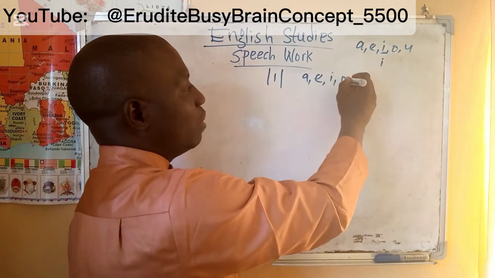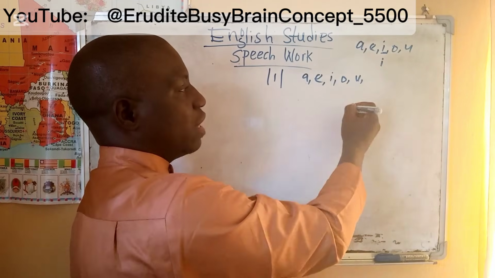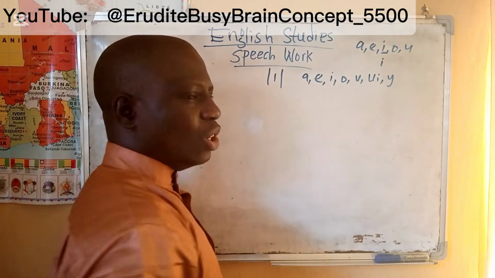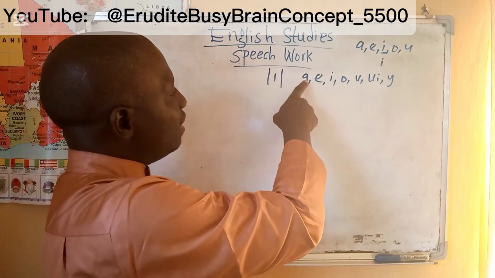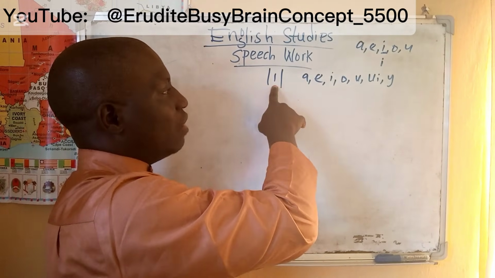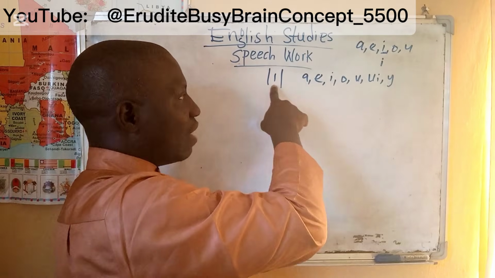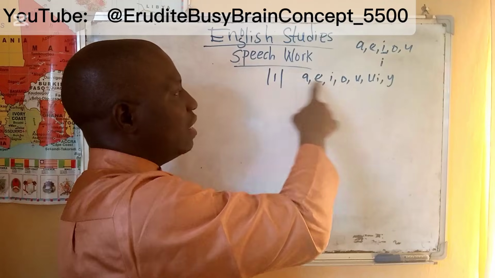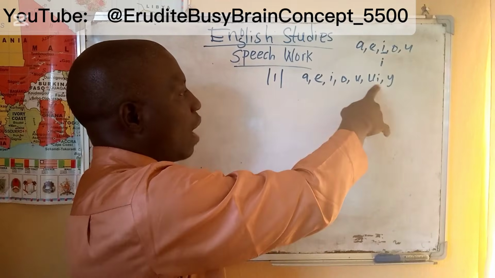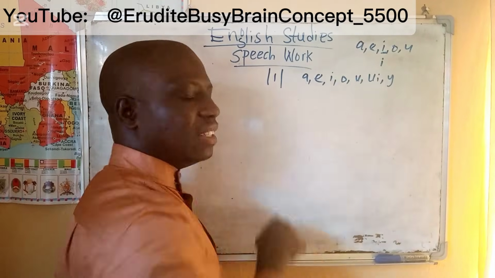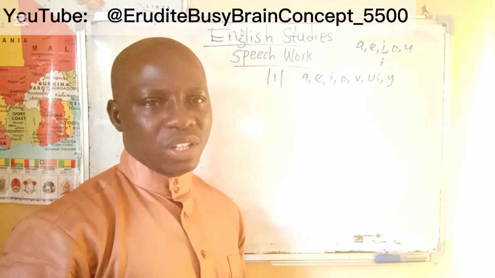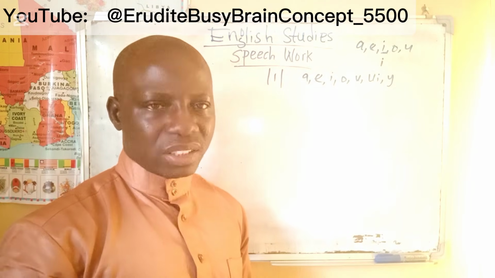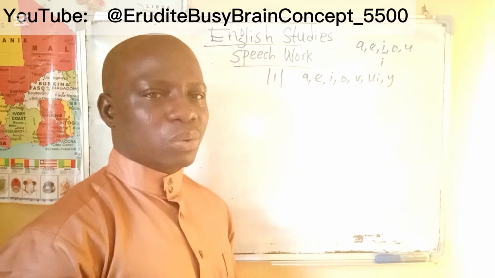So meaning that this A in some words sounds E, this letter E sounds E, this letter I sounds E, this O sounds E, this U sounds E, UI sounds E, letter Y sounds E in some English words, not in all English words, but in some English words. Take note of that. Let's consider examples quickly.